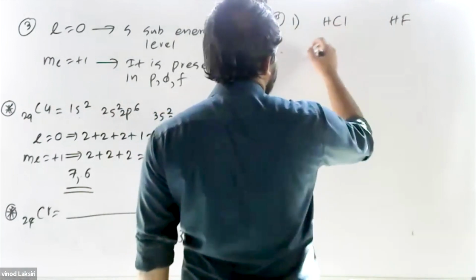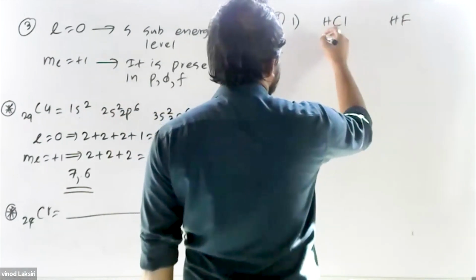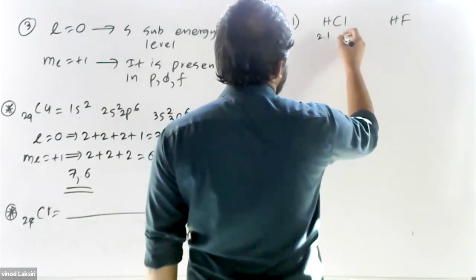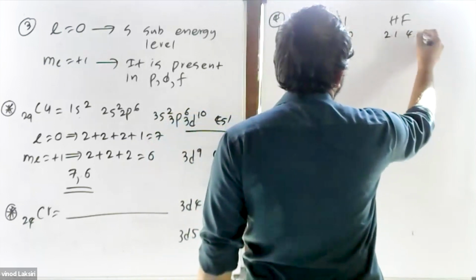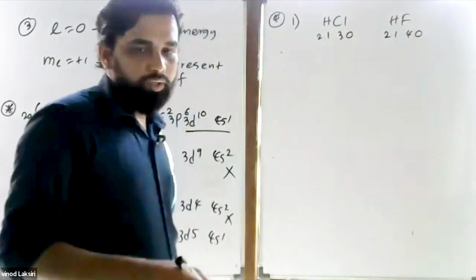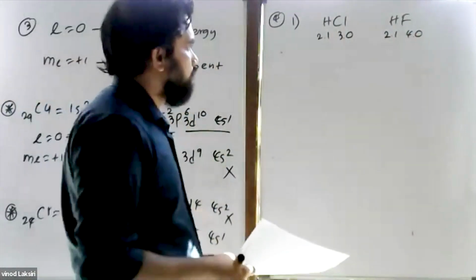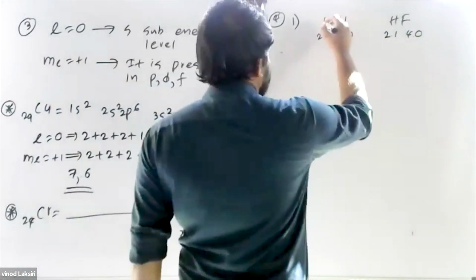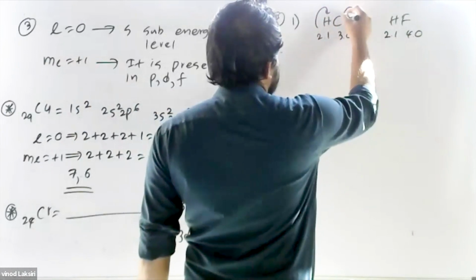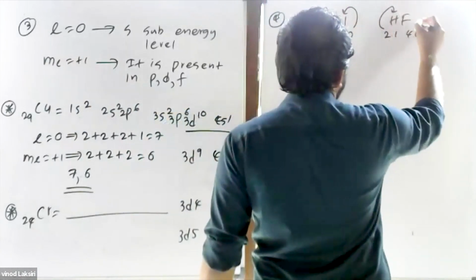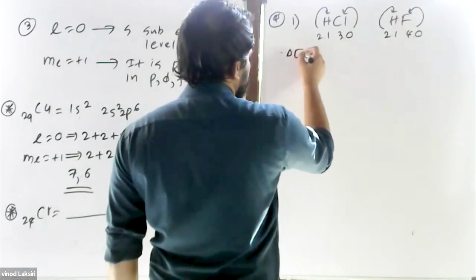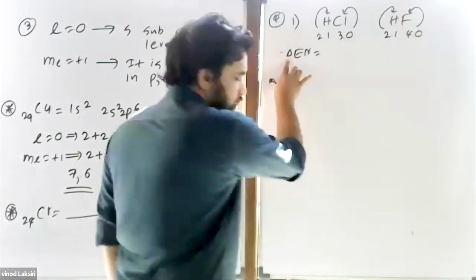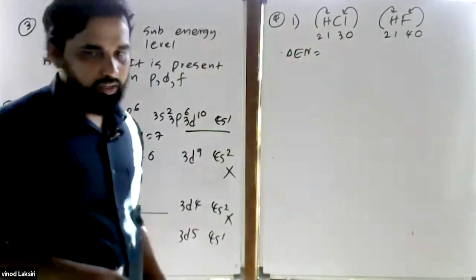What is the electronegativity of hydrogen? 2.1. Chlorine 3. Hydrogen 2.1, fluorine 4. You have to remember the electronegativity values. So these are the values. Then what is the electronegativity difference? We write delta EN. Delta means difference, EN means electronegativity.